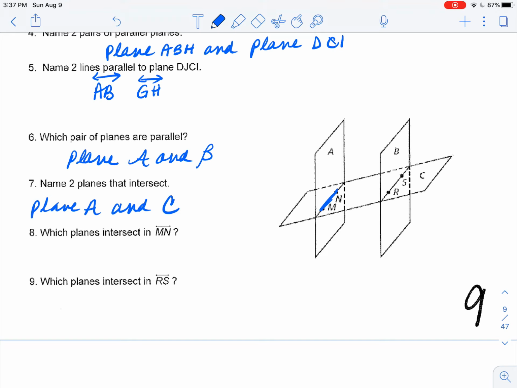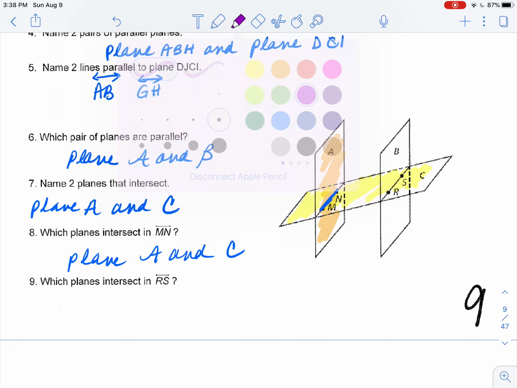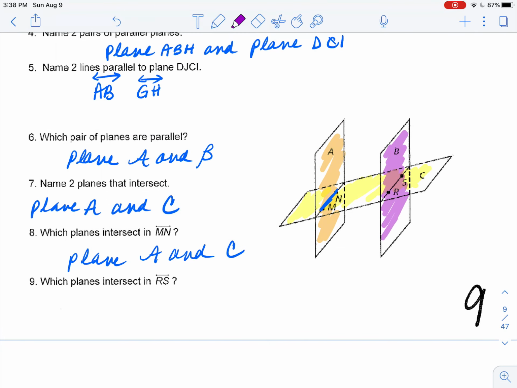Okay, so here's segment MN, and we can see that plane A and also plane C are going to intersect in segment MN. Which plane intersects in RS? Well, those are going to be the other two planes, and that would be plane B intersecting with plane C.